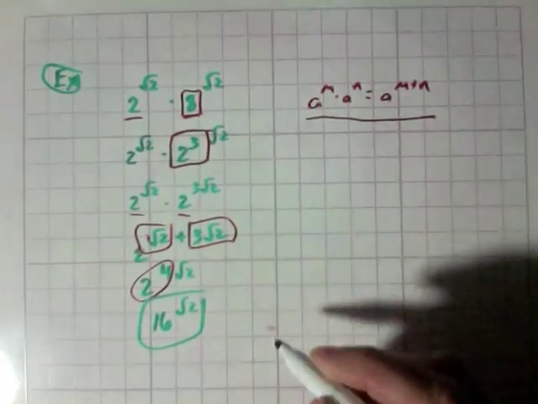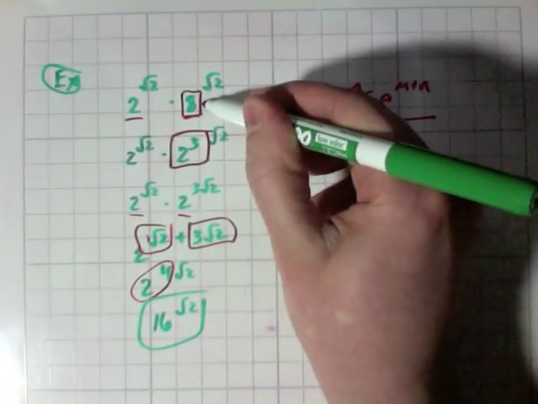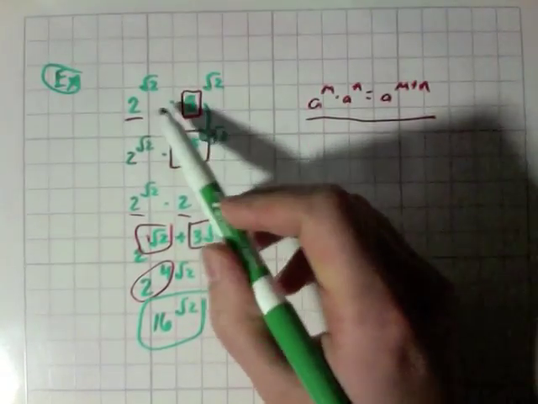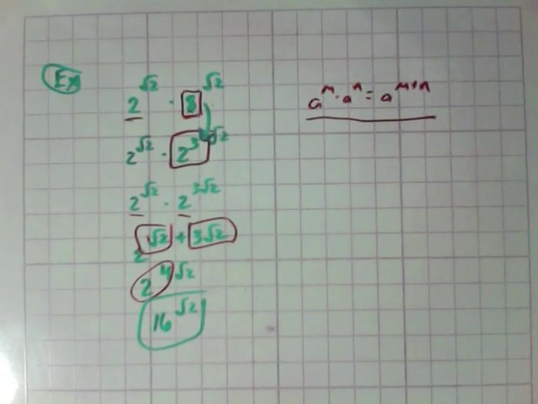And we will be using this type of property of rewriting this as a power of 2 or as a power of another base within the problem. We can use that even to solve equations, which we will do in later problems.